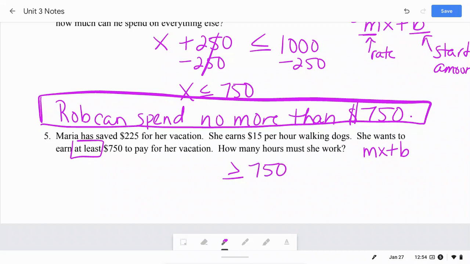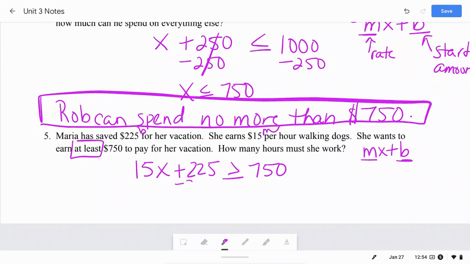Next, I want to look for the m, which is the rate. So the rate is how much she earns per hour. So 15 would be our rate. So it'd be 15x. And then b is her starting amount. So she already has $225. So final inequality is 15x plus 225 is greater than or equal to 750.